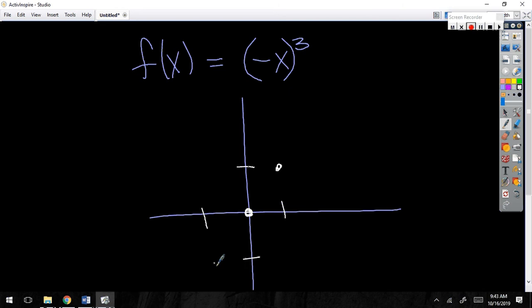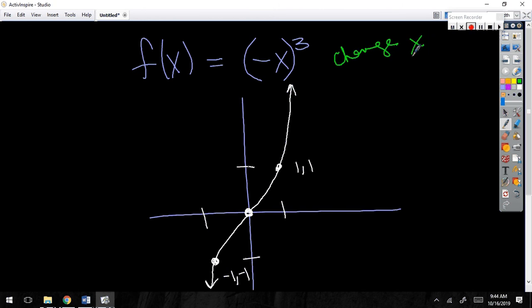What's the parent graph here? The cubic, right? Okay. If I reflect that over y, what am I negating? X. This means change x because it's reflected over y, right?